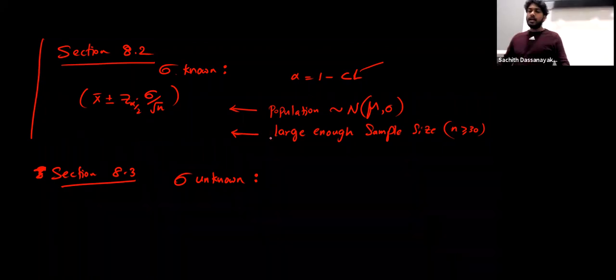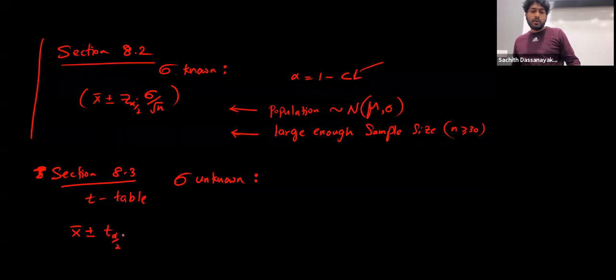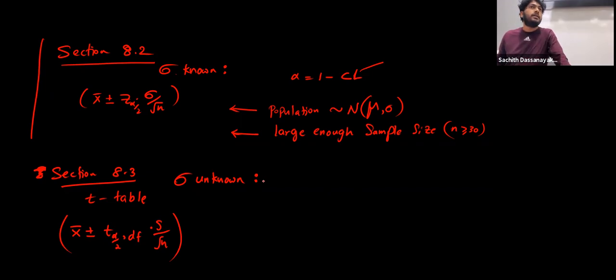In this case, you have to use the T table. So how do you find it? X bar plus or minus T alpha over 2, comma, degrees of freedom, times S over square root of n. This is how you find the confidence interval.